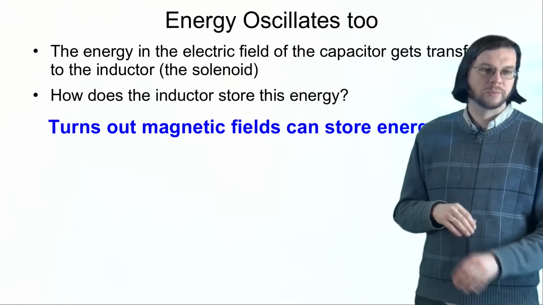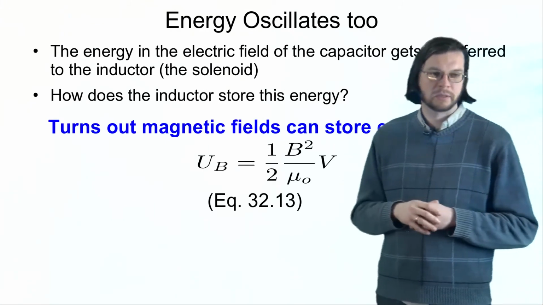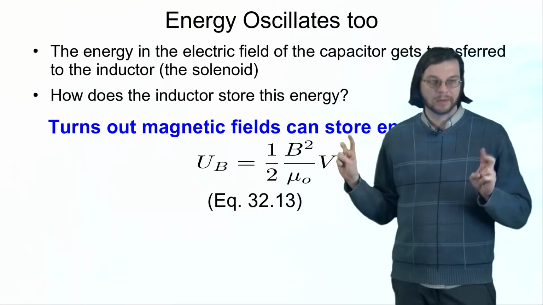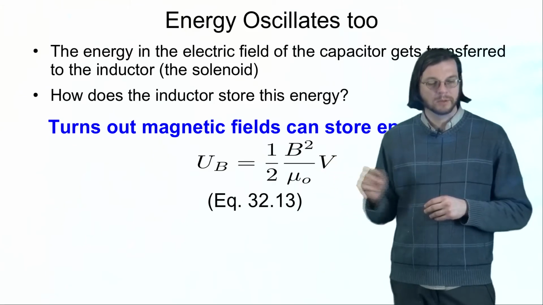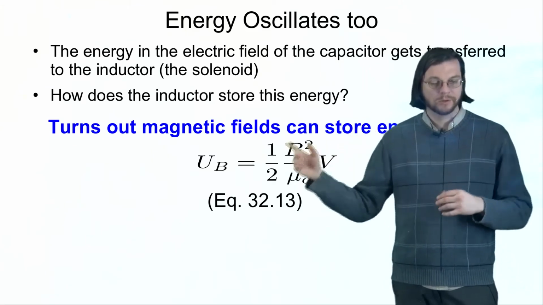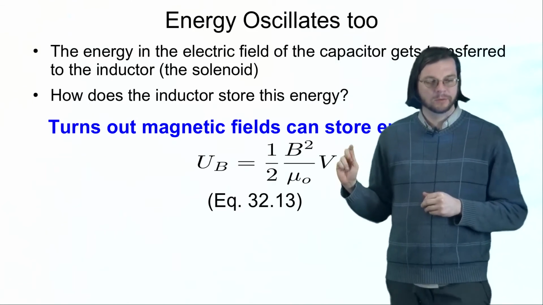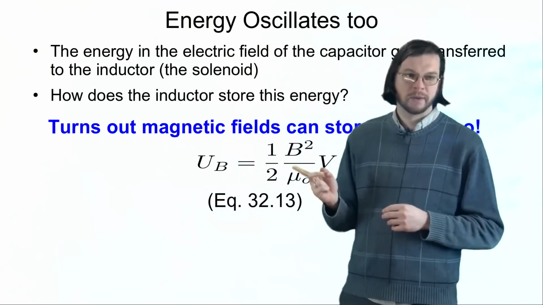This turns out to be the equation for the energy stored in a solenoid. So in a sense, you're storing energy in the magnetic fields. And so this V is not a voltage, by the way. This is the volume of the solenoid. So the bigger the solenoid, the more energy you can store in it. But it's remarkable because you're going from storing energy in electric fields to storing energy in magnetic fields.